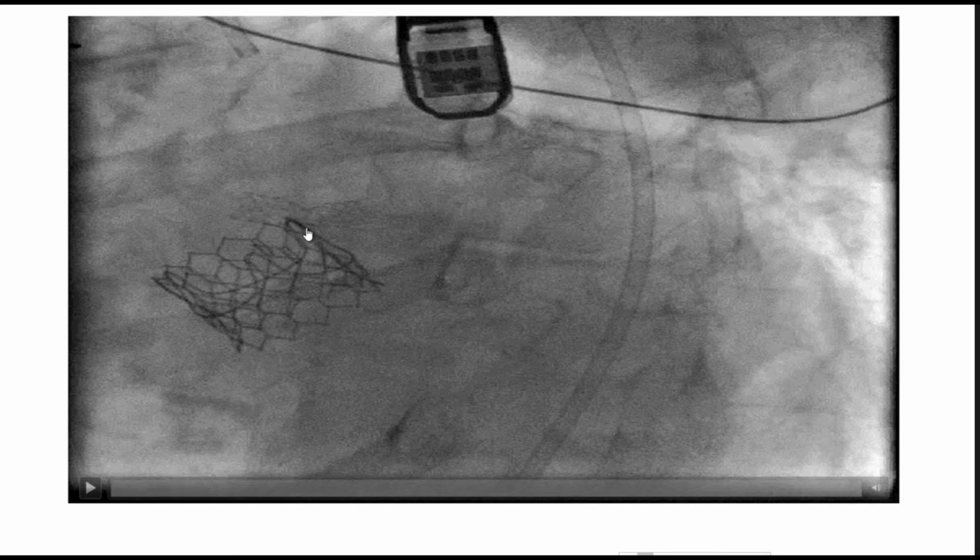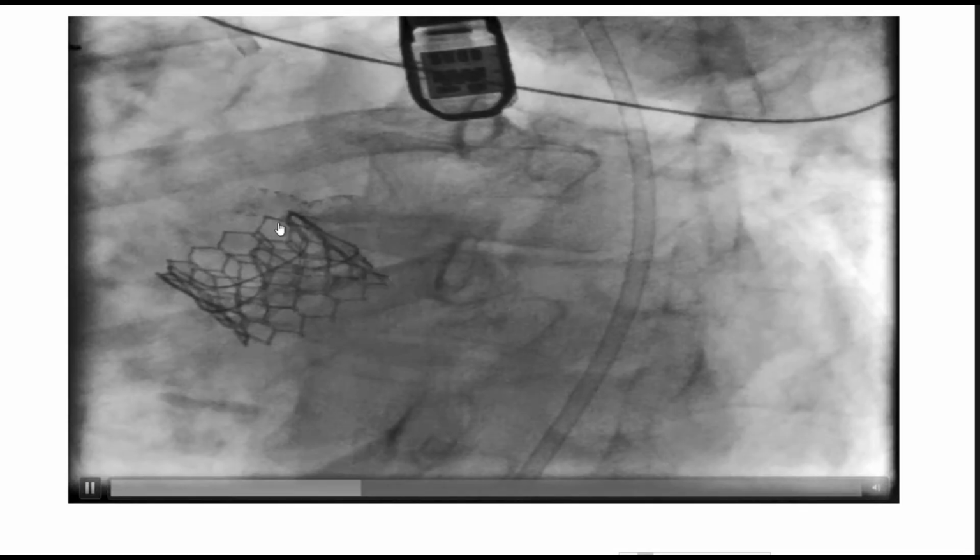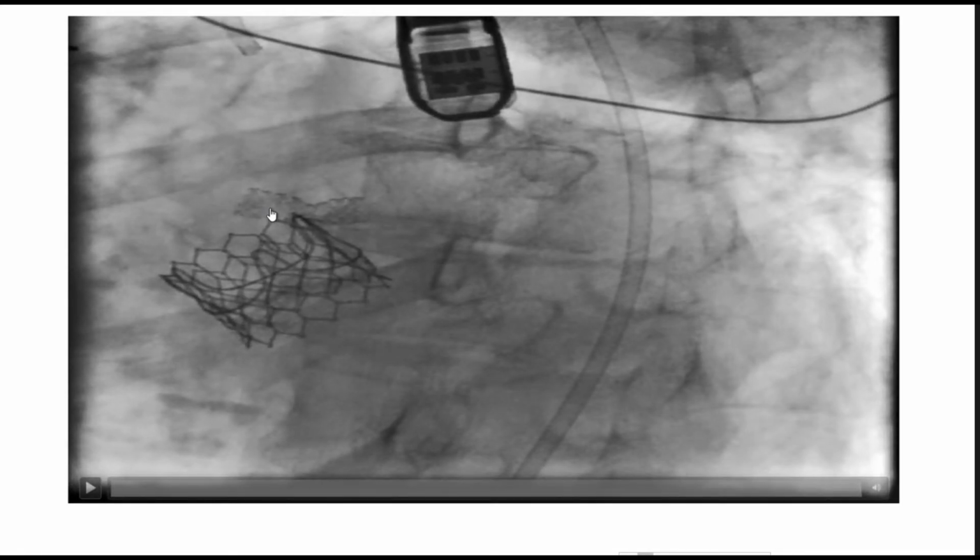And here, that notch that you see is where it's actually going into the left main coronary artery. So you can actually see it sitting out here in the aorta.